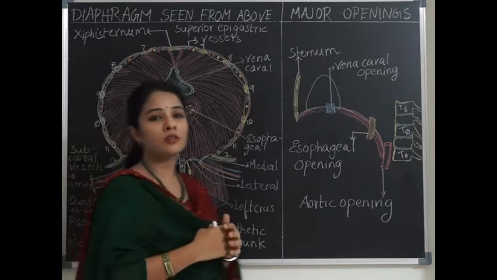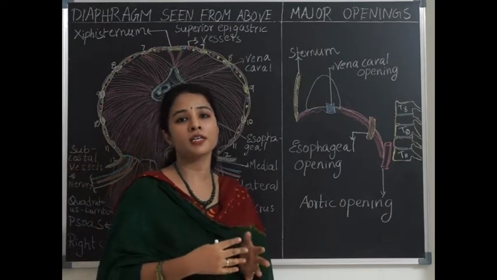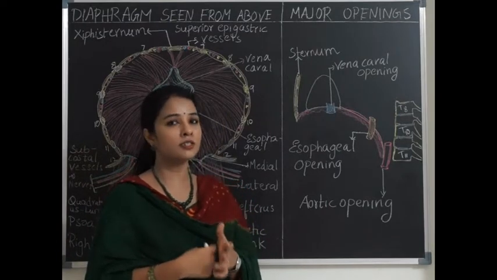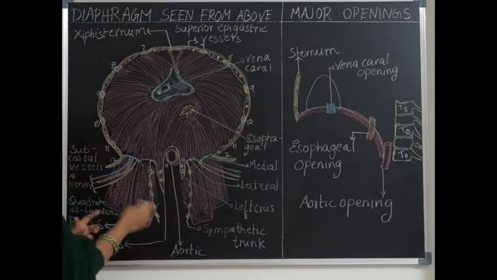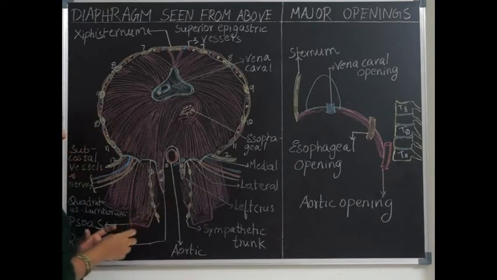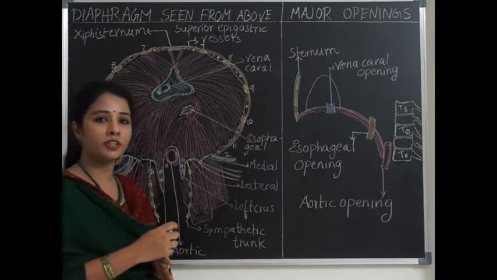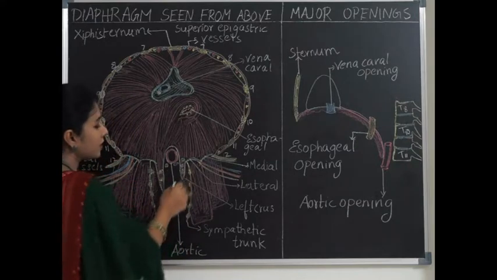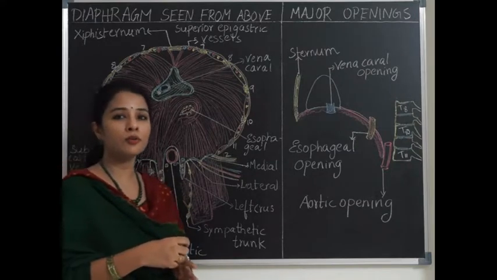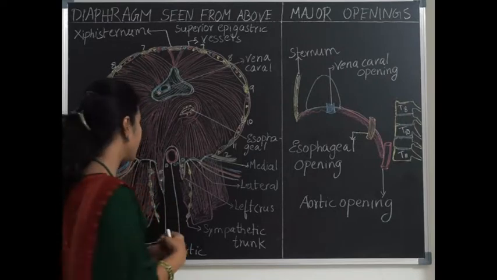This origin interdigitates with the origin of transversus abdominis, an abdominal muscle. Posteriorly, the right crus arises from L1, L2, L3 along with the intervertebral disc, and the left crus from L1, L2 along with the intervertebral disc.